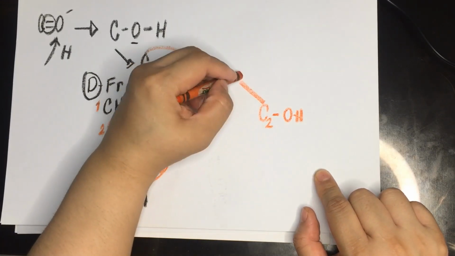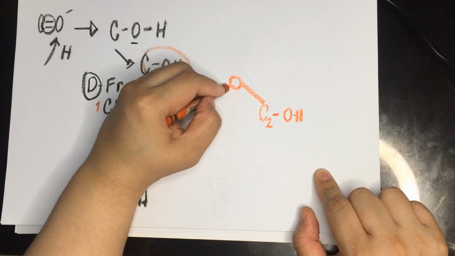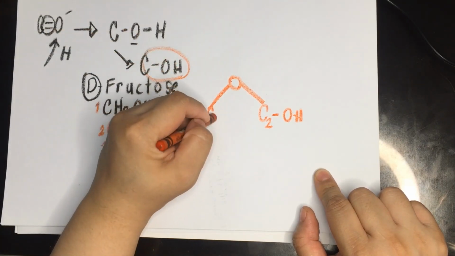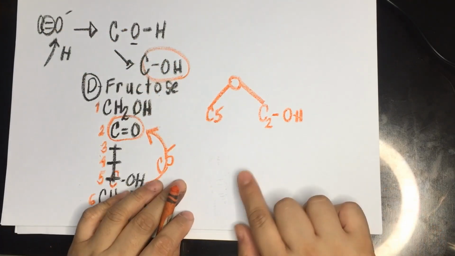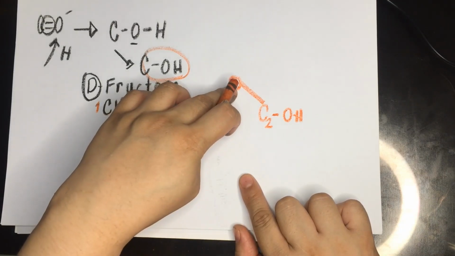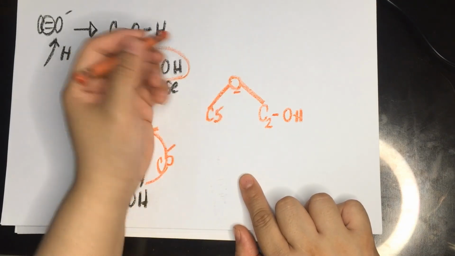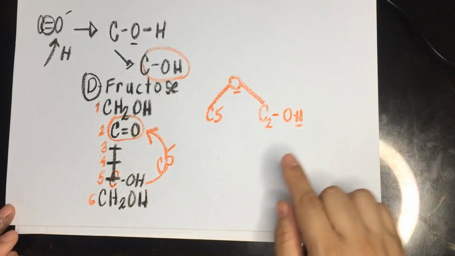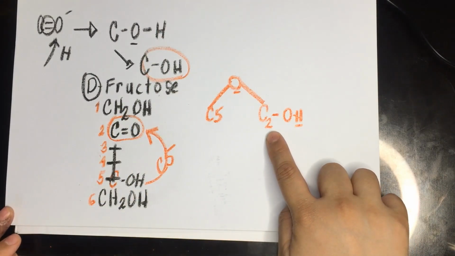Next, we have a ring formation, and this is now our carbon number 5. This one is C, this is the oxygen, and where is the hydrogen? It is here. It formed the ring. It bonded with carbon number 2.